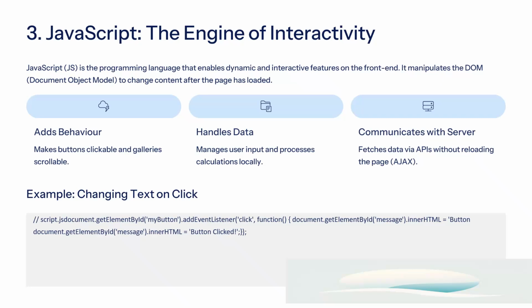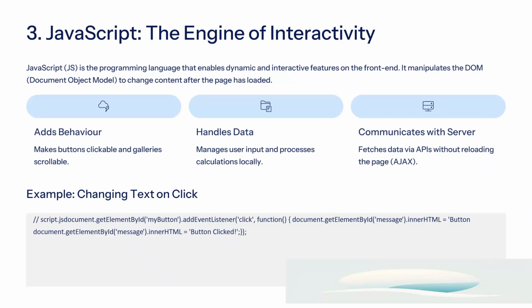JavaScript is a programming language that brings a website to life by enabling dynamic and interactive features. It can modify the page's content even after it has loaded through the process of DOM manipulation, which is the Document Object Model.